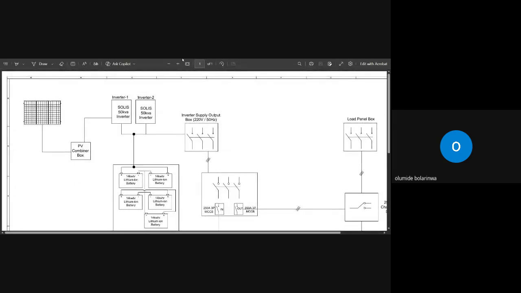Can you see my drawing? Can you all see my drawing here? Yes, sir. Now, please, what can you see in that drawing? Inverter, lithium battery.